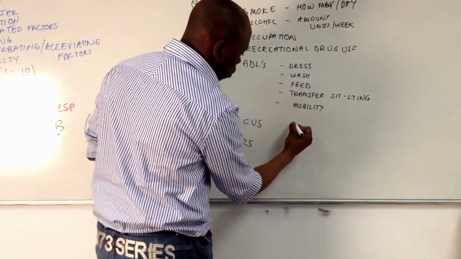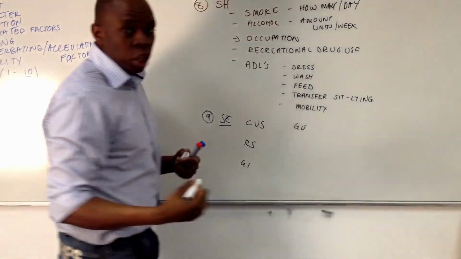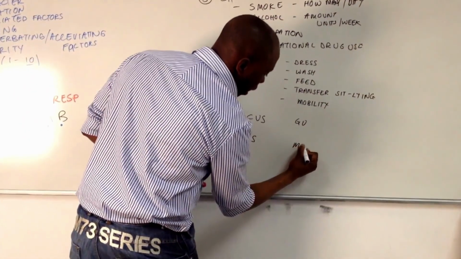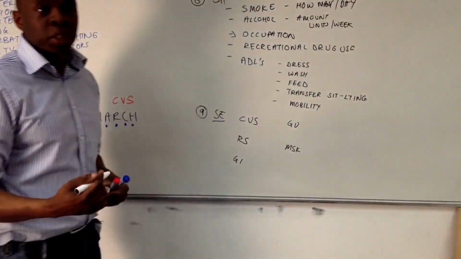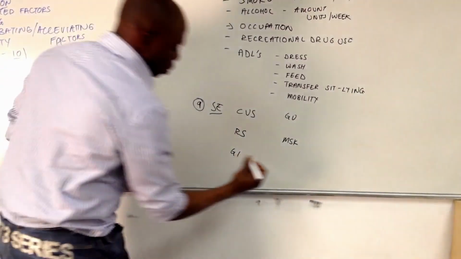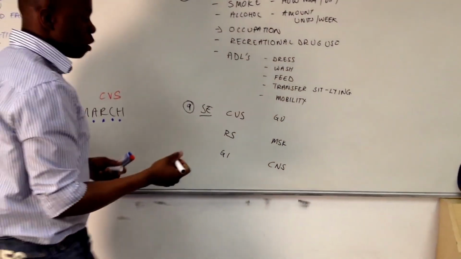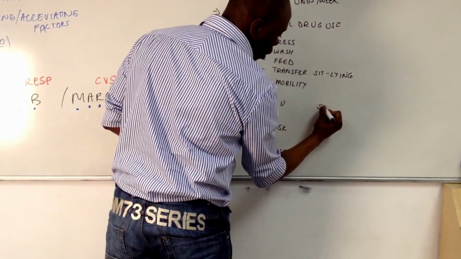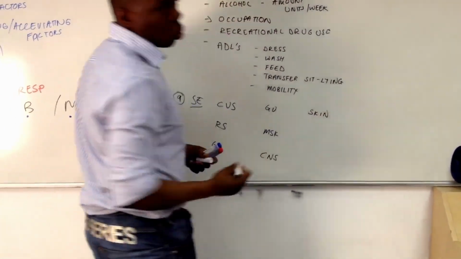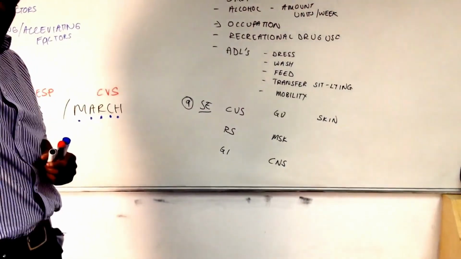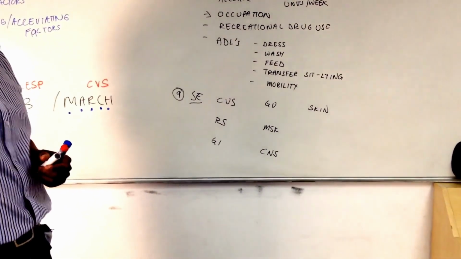We're talking about your GU, which is genitals and urinary system. We're going to talk about MSK, which is your musculoskeletal system. I'm talking about CNS, which is your nervous system. And don't forget, the largest organ in the whole body is your integument, which is your covering. That's what integument means. Your covering, your skin.